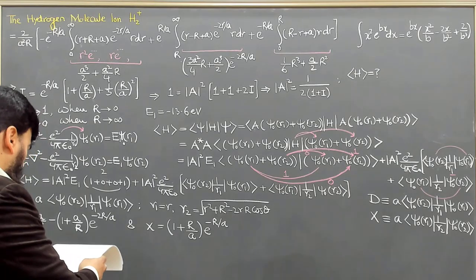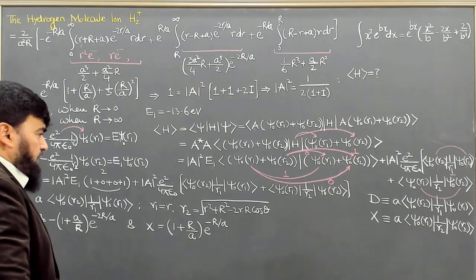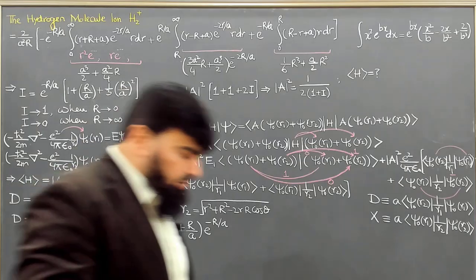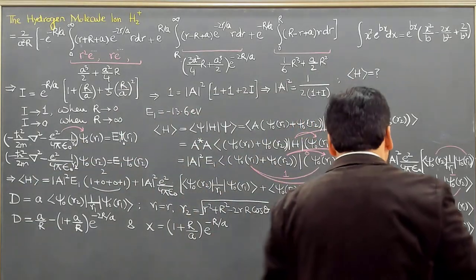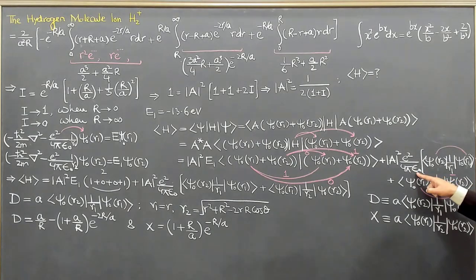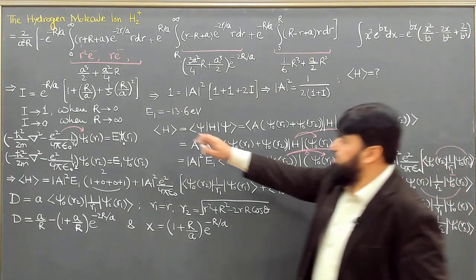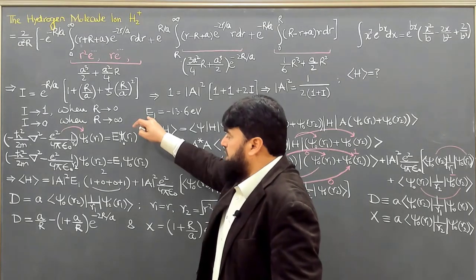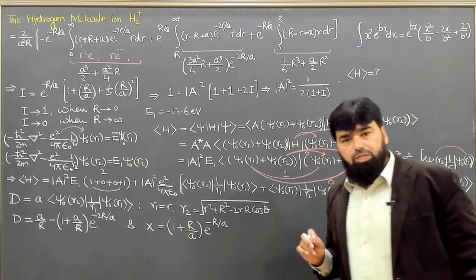But before that, let me do some simplification, because we have the involvement of e square over 4 pi epsilon naught. We want to write the terms in terms of E1, because that will make our calculation much easier.